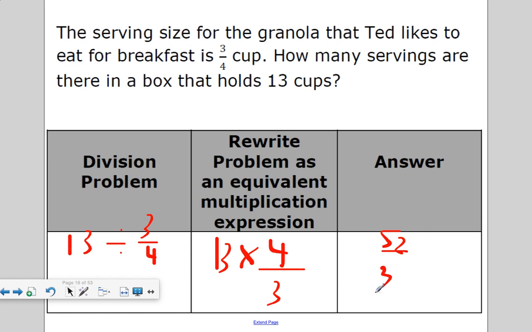In other words, we just multiply by its reciprocal. So you start with a number, you keep the number, then you multiply by the reciprocal. So what's 52 thirds? How many groups of 3 go into 52? It goes in 1 time, and then 7 times, and then you have 1 left over. So 17 and 1/3 is equivalent to 52 thirds.